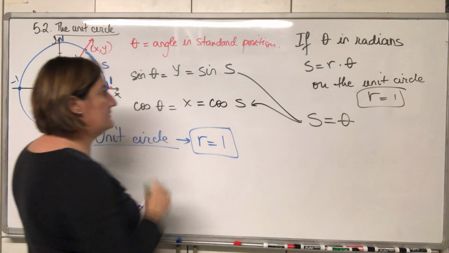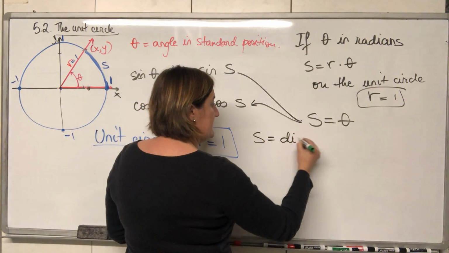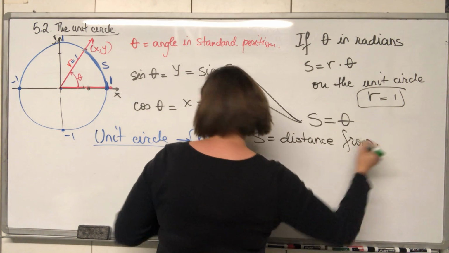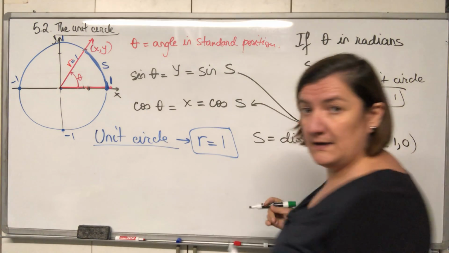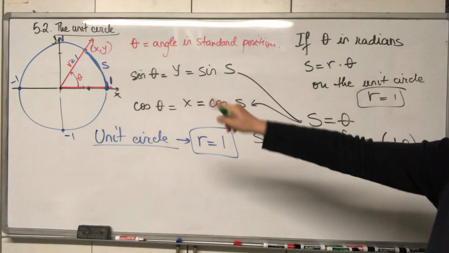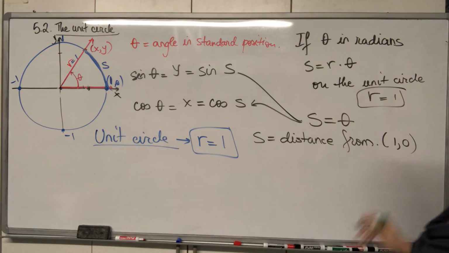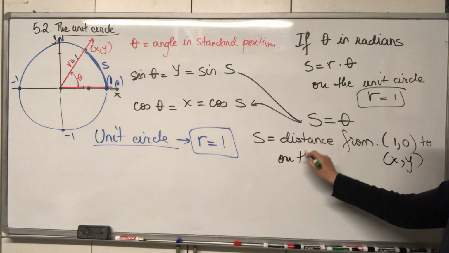What does S represent? S is simply the distance from this point here, the point of coordinates 1, 0, to the point of coordinates x comma y on the circle.